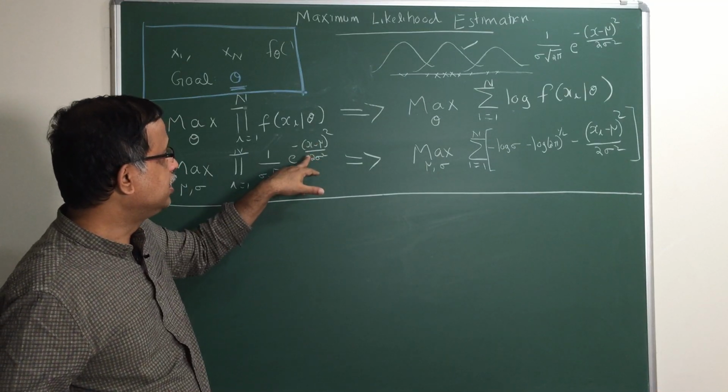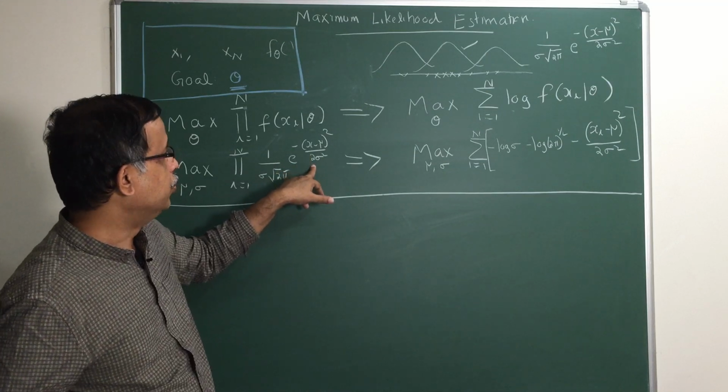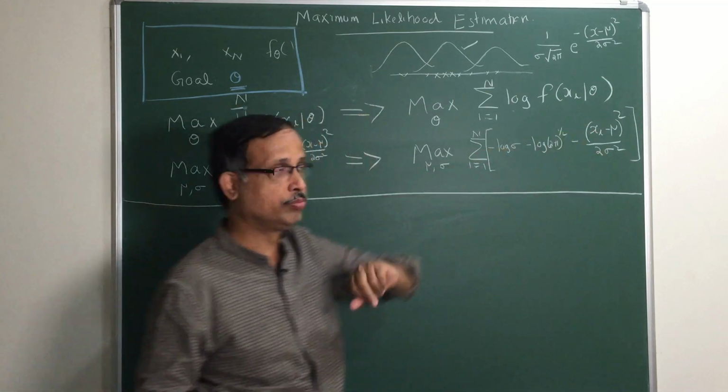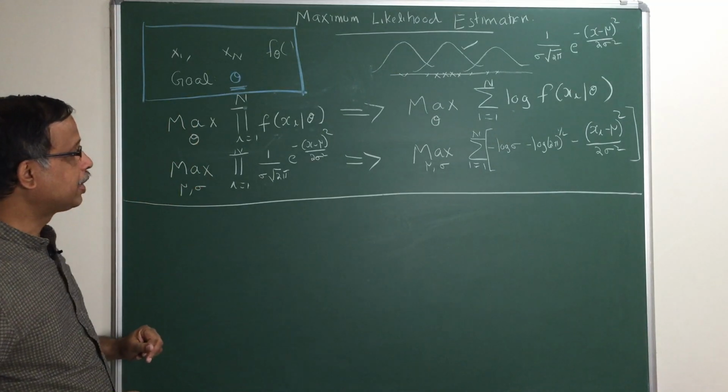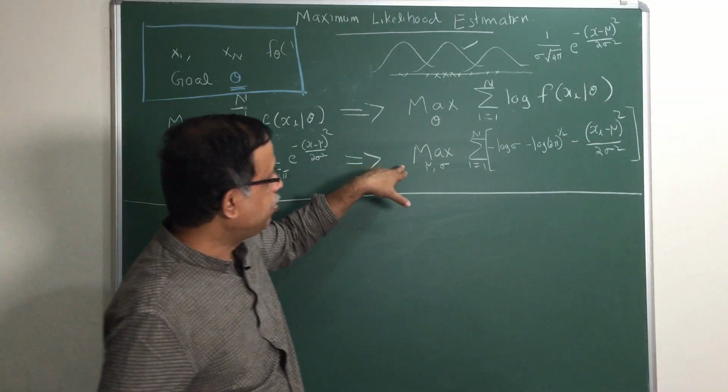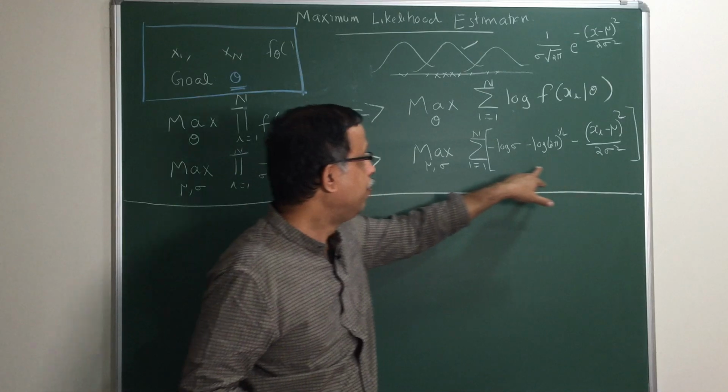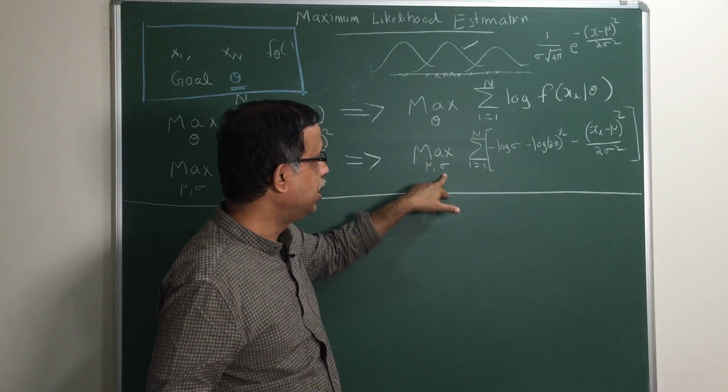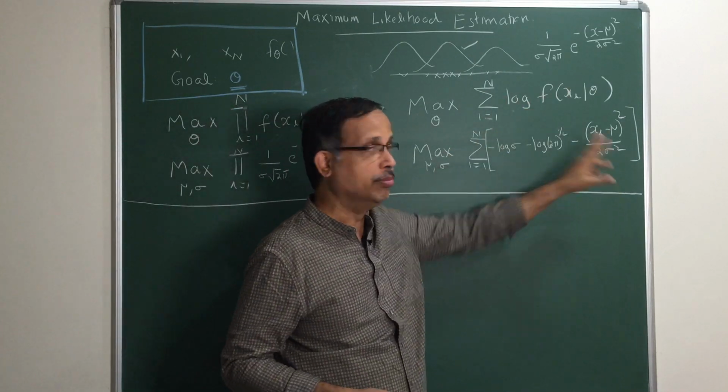What remains is this term, minus (x minus mu) whole square by 2 sigma square. Now we want to find mu and sigma that maximize this term.